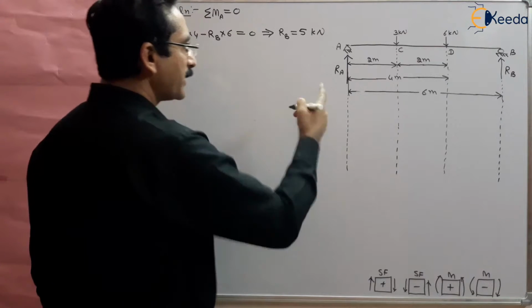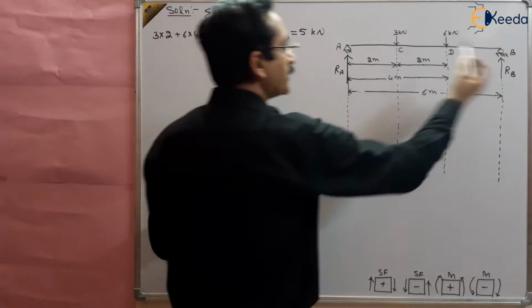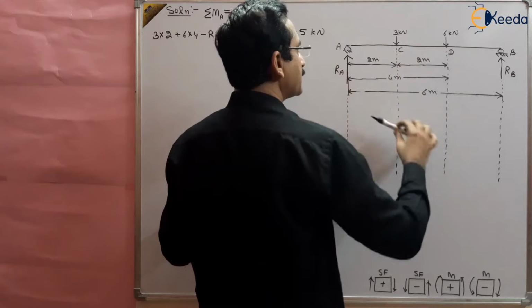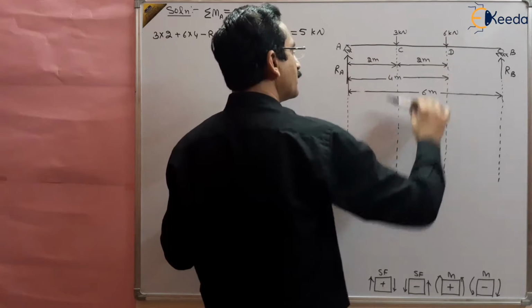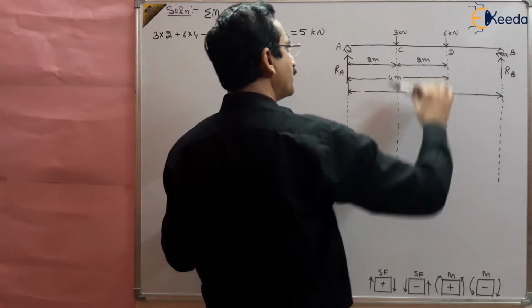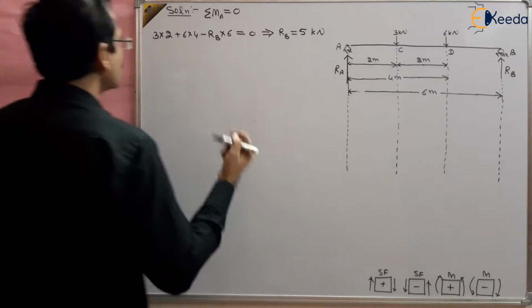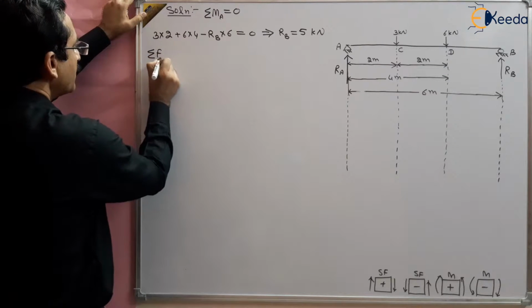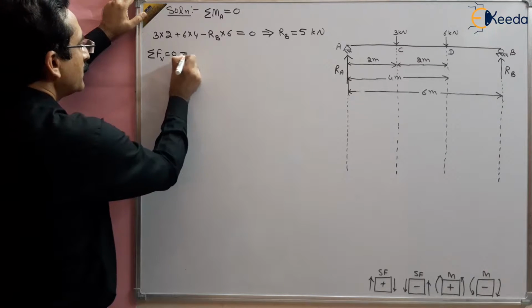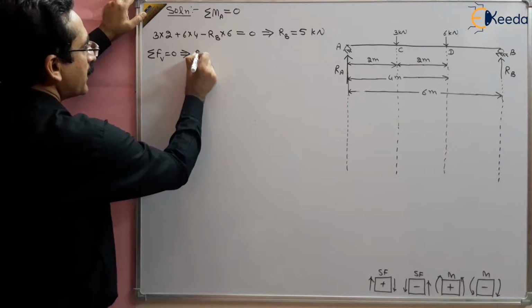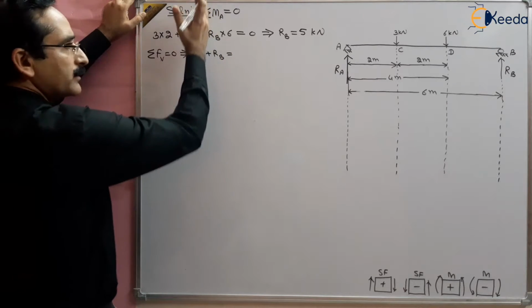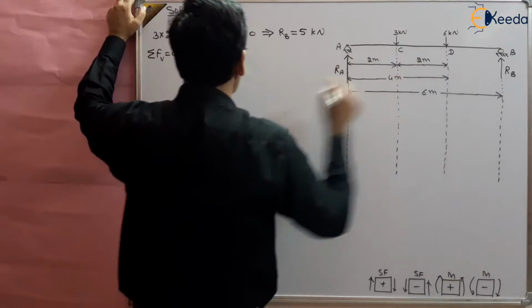Similarly we can find out RA. You can take the moment about this point, or you can take the sum of total vertical forces equal to 0. So sigma F in vertical direction should be equal to 0. So RA plus RB, these are upward forces, and 3 and 6 are downward forces.